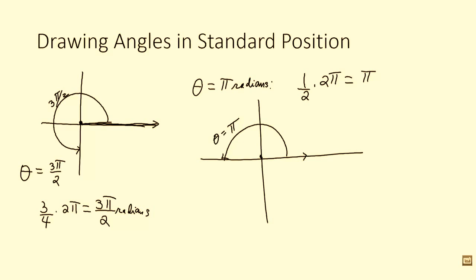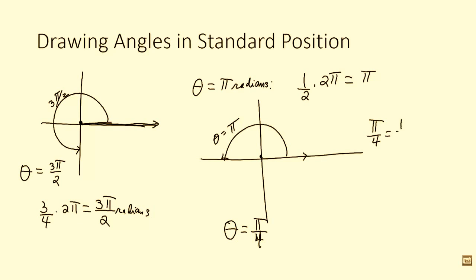Let's try another one. Let's take the angle theta to be pi over 4. An angle that measures pi over 4 radians is a positive angle, and pi over 4 is actually an angle generated by 1/8 of a revolution.